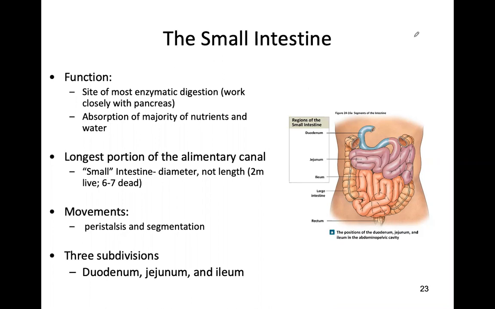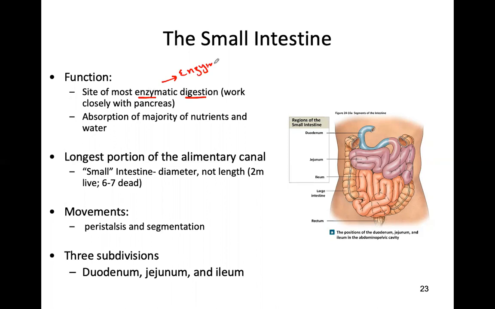We learned the small intestine is broken down into three parts: duodenum, jejunum, and ileum. The main function of the small intestine is to first carry out the enzymatic digestion, which basically means, again, you're going to require a lot of enzymes, right?